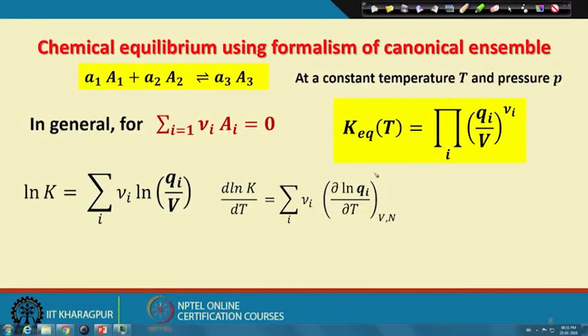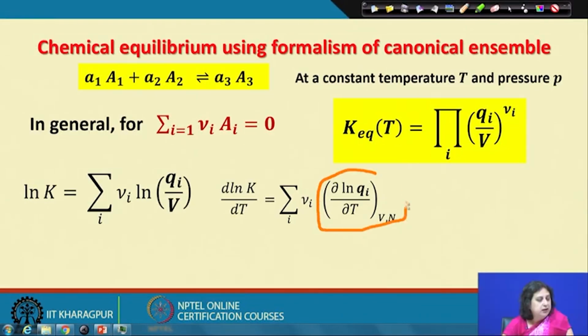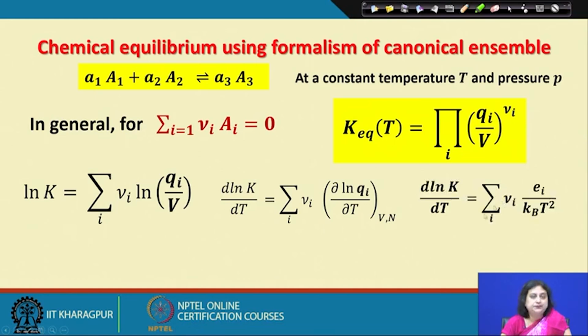As you see, this corresponds to some energy per molecule of type i, because small q_i is the single particle partition function, and therefore I can very easily write this expression as d ln K/dT equal to nu_i into E_i by k_B T squared.